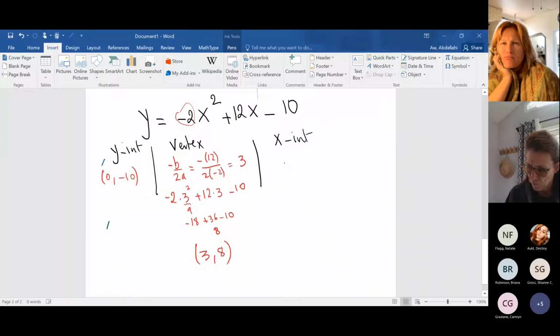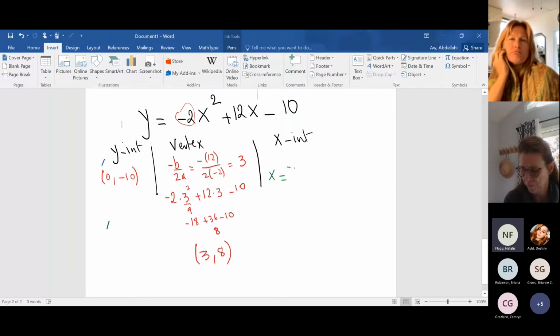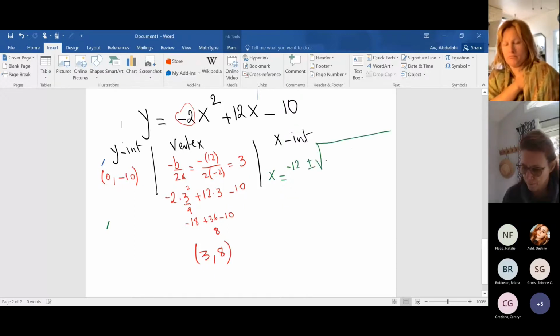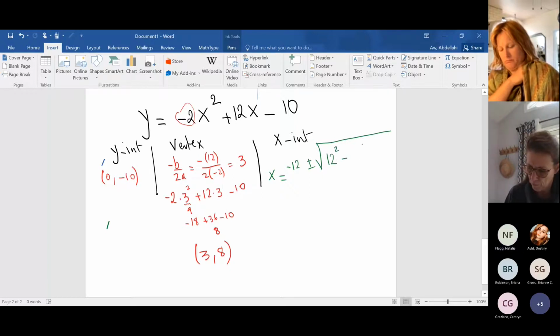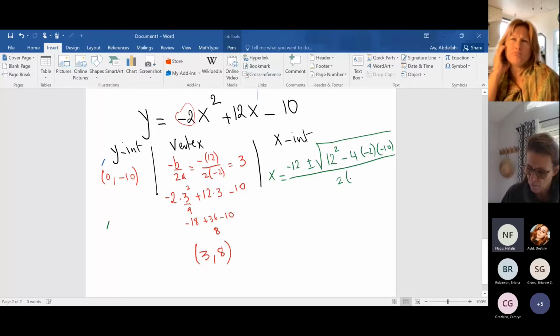So somebody tell me, the quadratic formula is negative what? Negative b plus or minus the square root of b squared minus 4 times a, which is negative 2, times c, which is negative 10, all over 2 times a, which is negative 2.